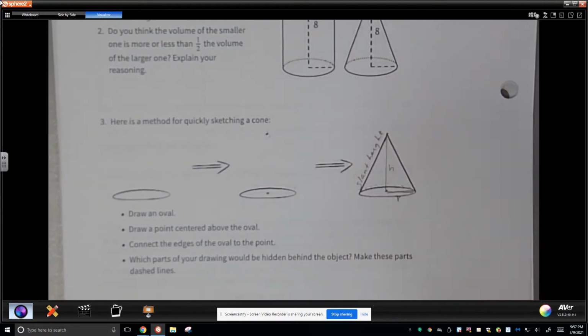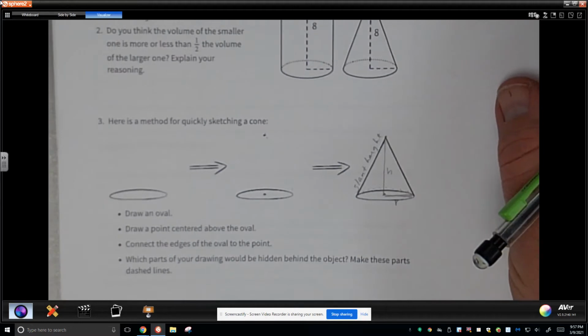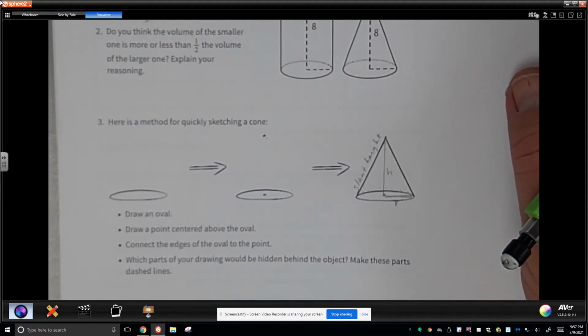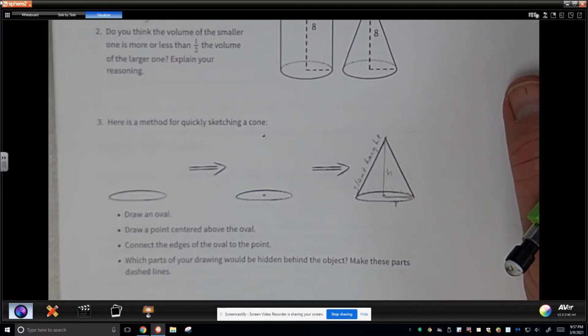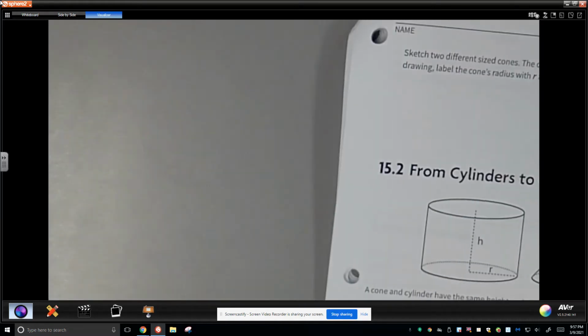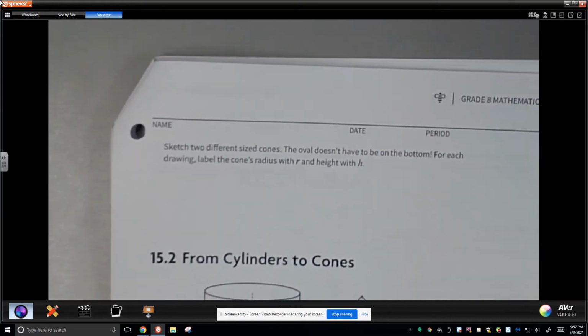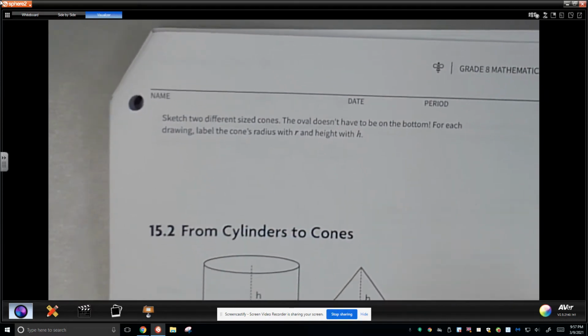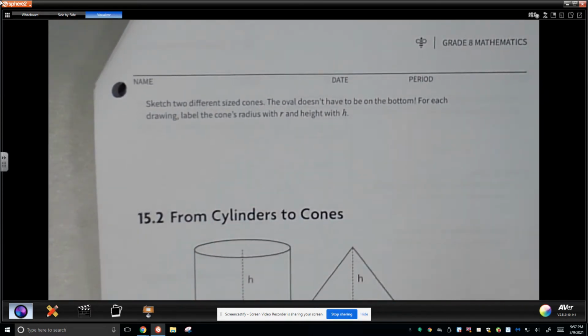That's not something that we're really going to be working with in 8th grade, but it is something you'll work with in geometry when you get into high school. So that slant height is something we'll touch on when we talk about Pythagorean theorem, but that's not for today's discussion. You can go ahead and get some practice sketching different size cones right here. Remember, cones, the base doesn't have to be on the bottom.